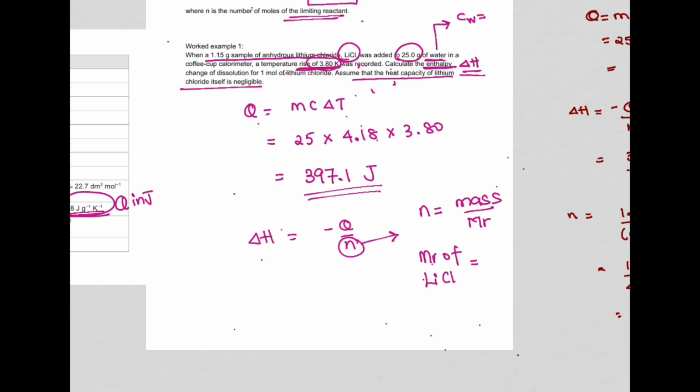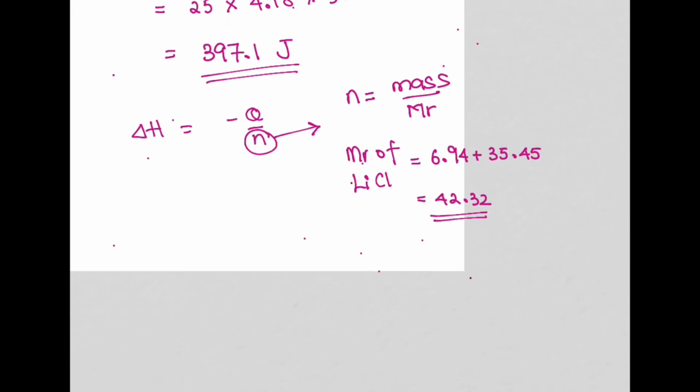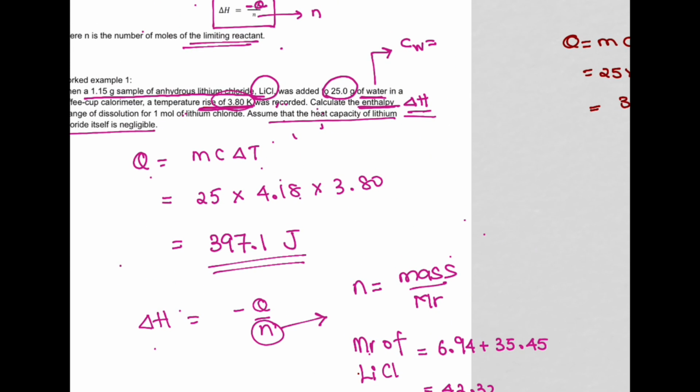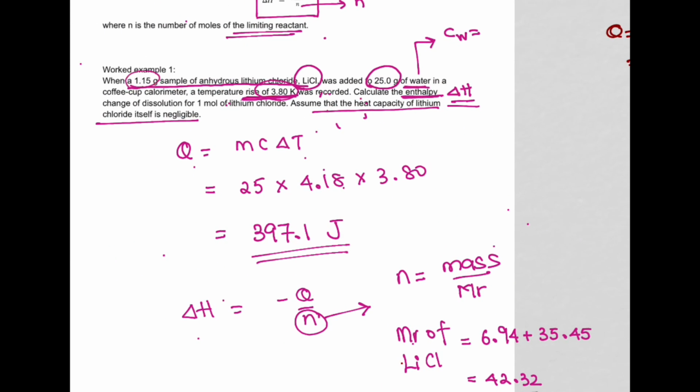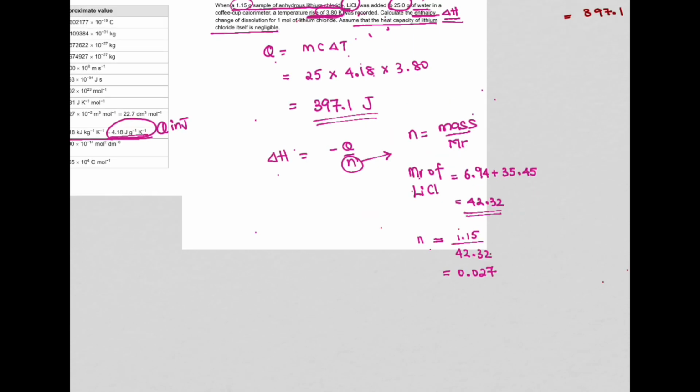I use the data booklet. So I find the Mr of lithium chloride, and then I can find number of moles of lithium chloride. Number of moles is mass of lithium chloride that I used, 1.15 grams, divided by Mr. Then delta H will be minus Q over N.